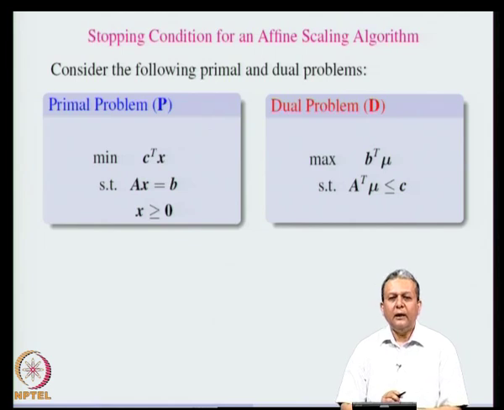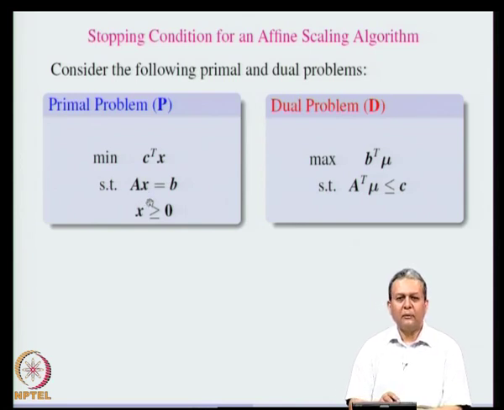Now, the duality ideas for linear programming that we discussed earlier become very useful while designing many of the algorithms. So, we will see one such condition which could be used as a stopping condition for an affine scaling algorithm. Let us consider the linear programming standard form and the corresponding dual.